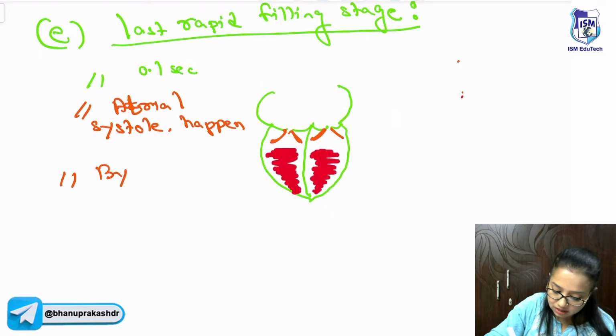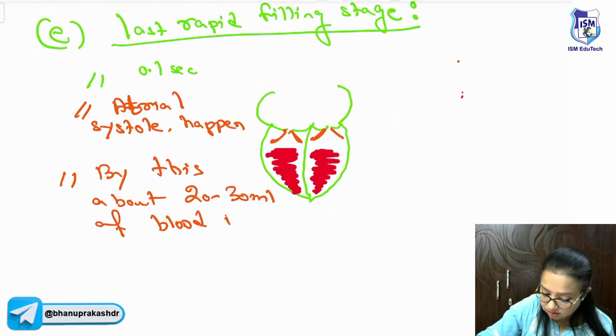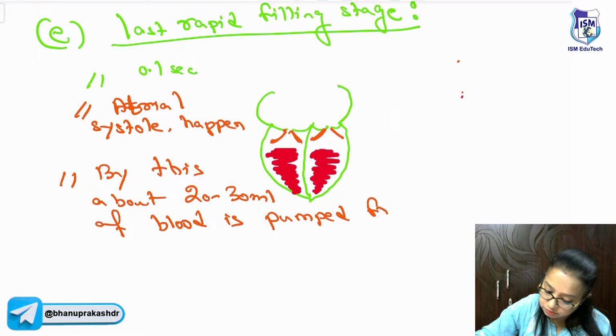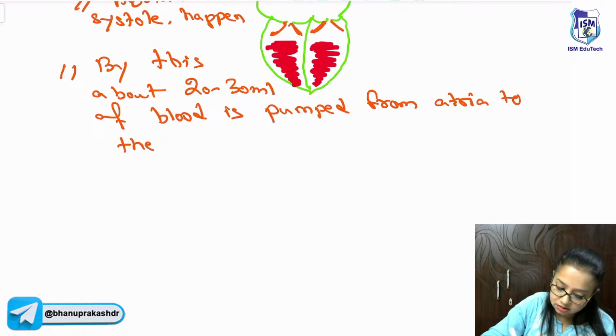Now by this, about 20 to 30 ml of blood is pumped from the atria to the ventricles.